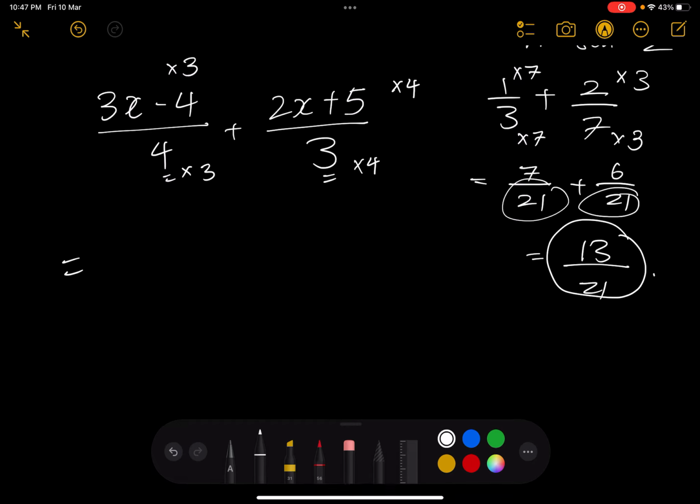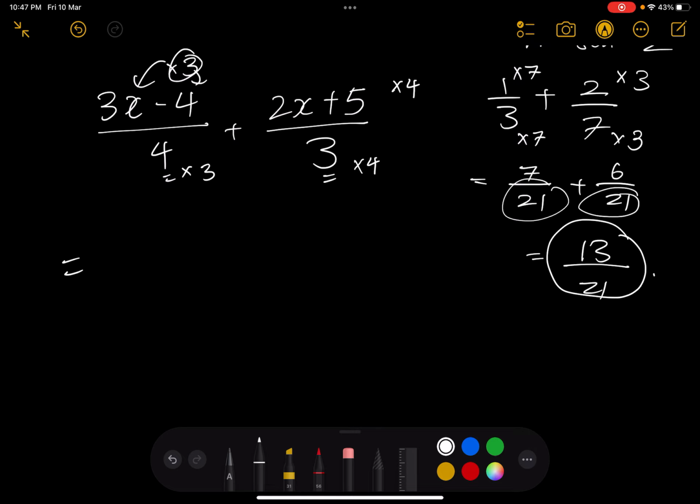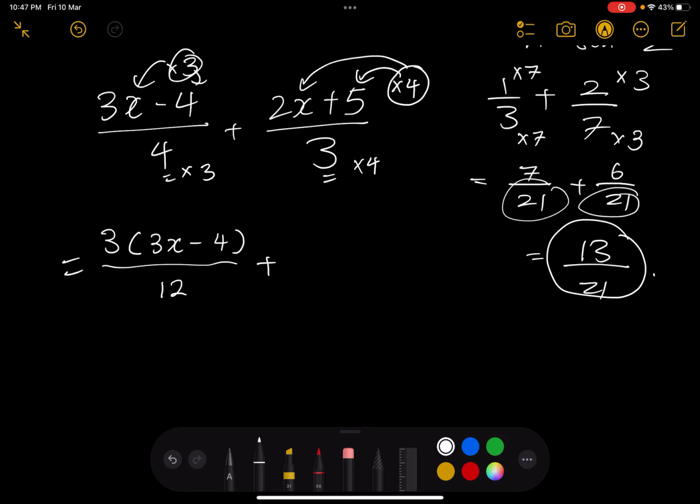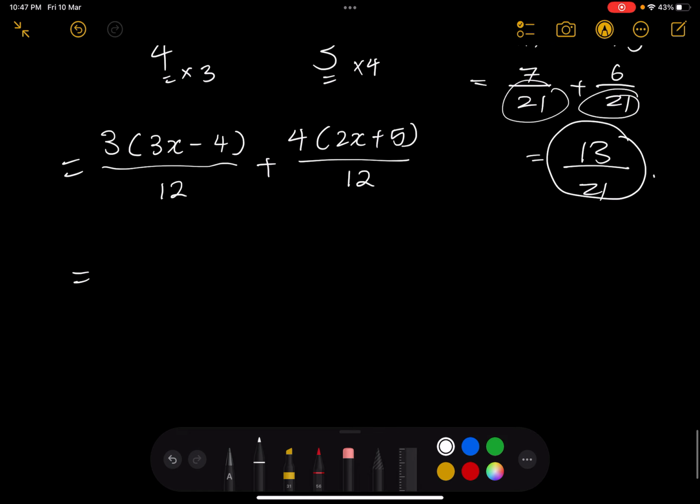Now, when I say times 3, I times 3 to both, okay? So I take 3 bracket 3x minus 4. Can? Over 12. Can, plus. Now, I have times 4. I want times 4 on both inside. So, 4 bracket 2x plus 5 over 12. Can follow? Next, same base, right? I can combine.